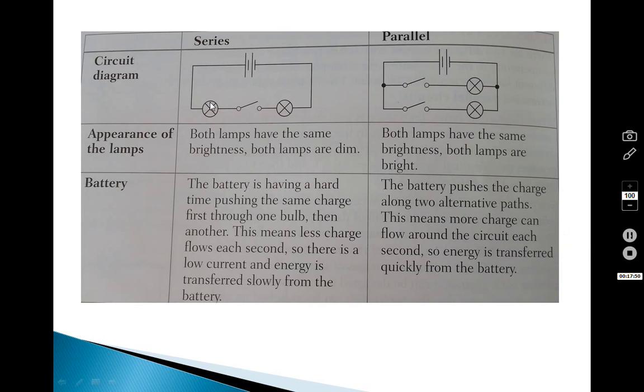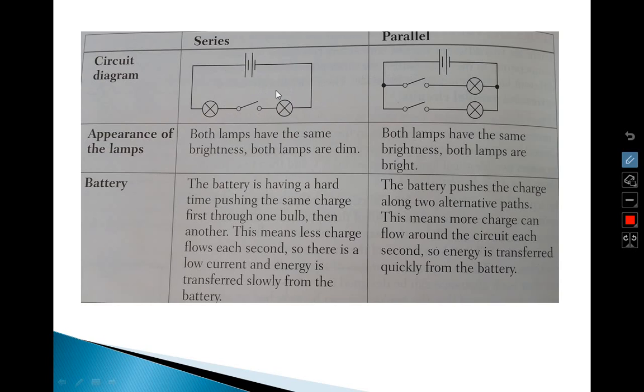Here in this table, there is a comparison between series and parallel connection. The circuit diagram, as we discussed before, is like this. All components are in series. Those ones are connected in parallel. The current in series is the same. Current here is different.